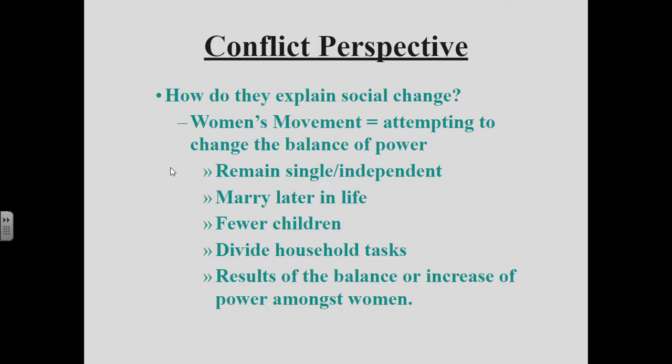While conflict does a good job of showing how we don't cooperate sometimes in society, and it shows those parts of conflict that we have, it probably does a better job of explaining how different groups are trying to obtain power or change the balance of power. So hopefully that helps out a little bit and makes your assignment a little bit easier after hearing that.